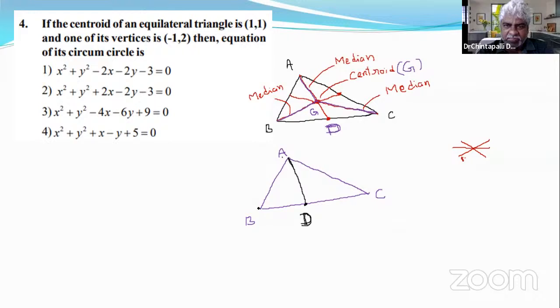Similarly, BE is also an angle bisector. BE is the angle bisector of B. Got it? Now, E may not be the midpoint of AC. Now, CF.